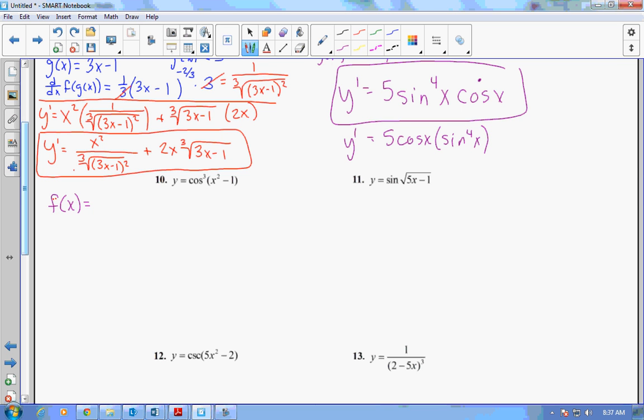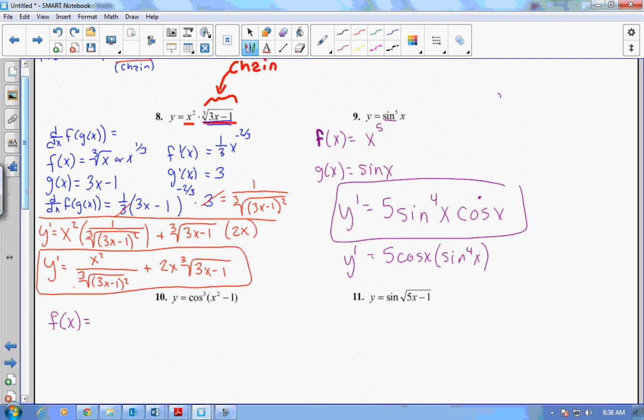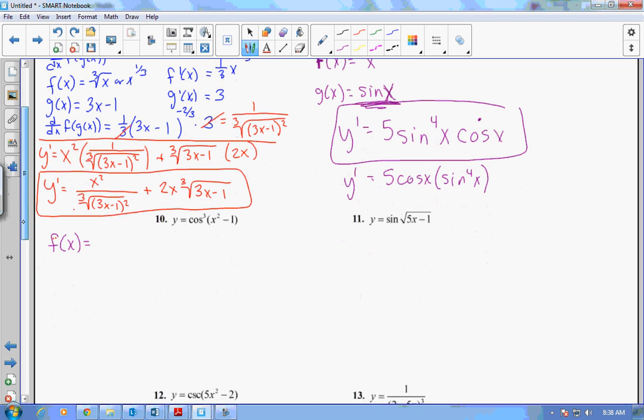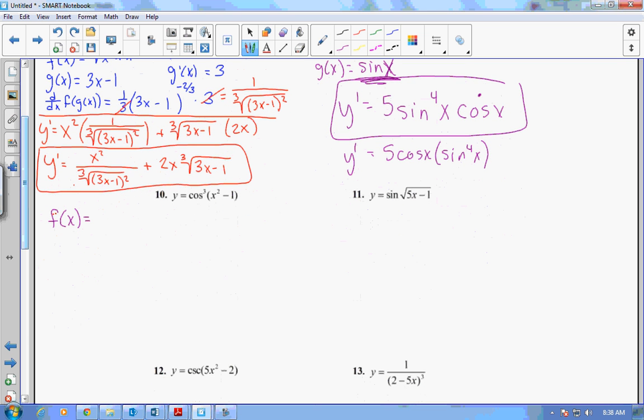F of x. Wouldn't x squared minus 1 be taken in place of the x in number 9? Yeah, it does take the place of the x here. But then you have a chain in here because you have this quadratic function stuffed into cosine. Wow, okay. So f is x cubed, right?